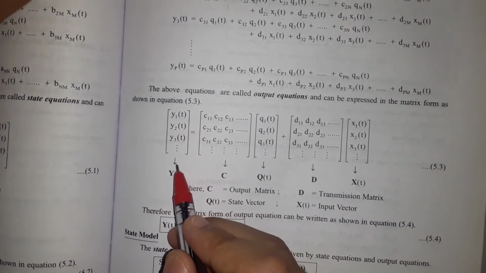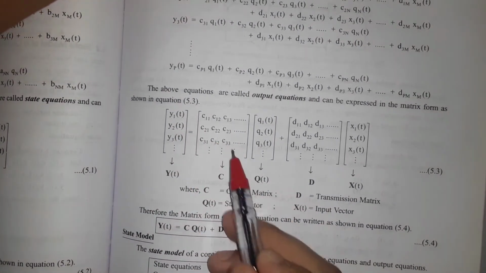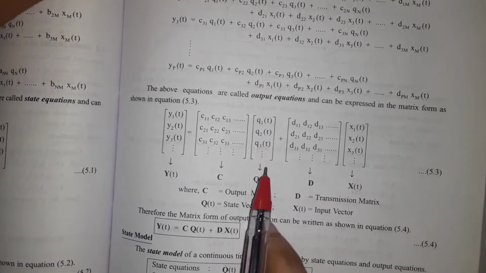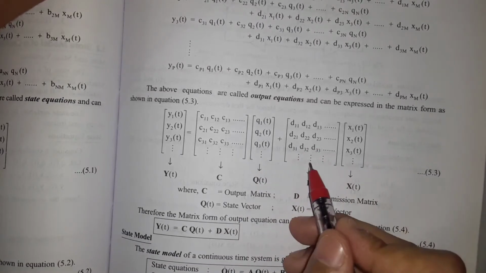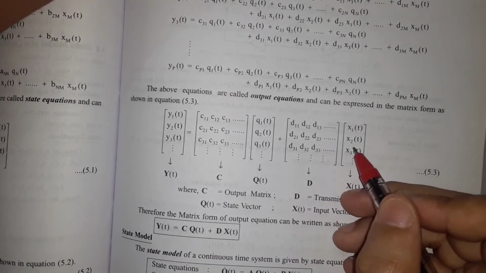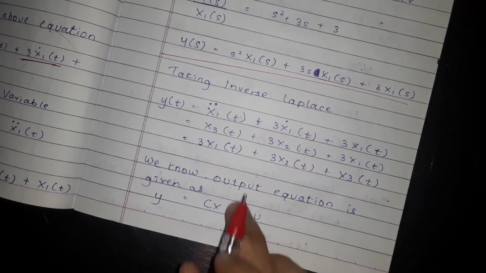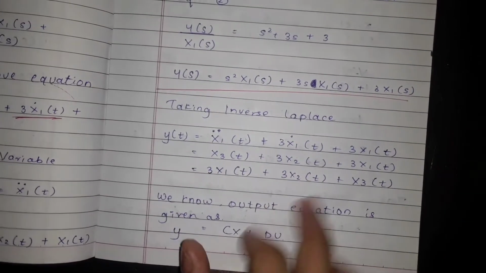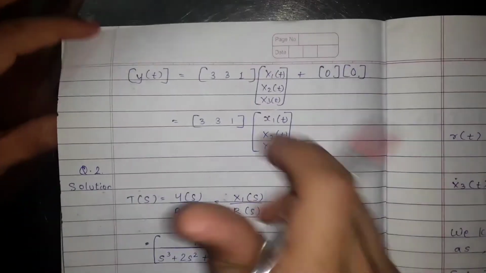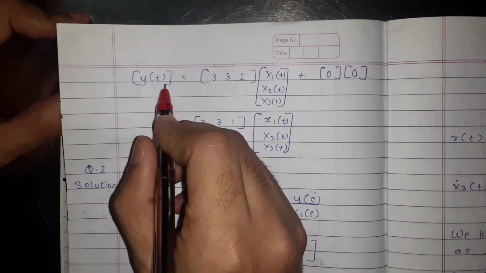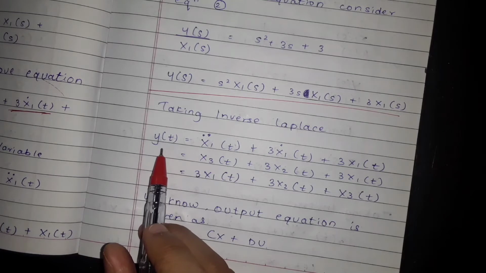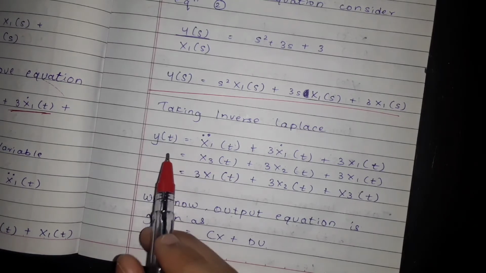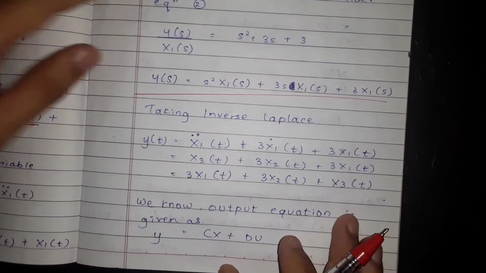this one is the output equation y(t), and this matrix is the output matrix. This is the state vector, this one is the transmission matrix, and this is the input vector. Let's understand by filling in the matrix. Here there is only y(t), and as we can see, there are no variables x1(t), x2(t) and x3(t) like we did in the last equation.